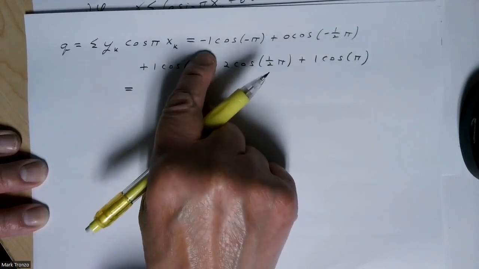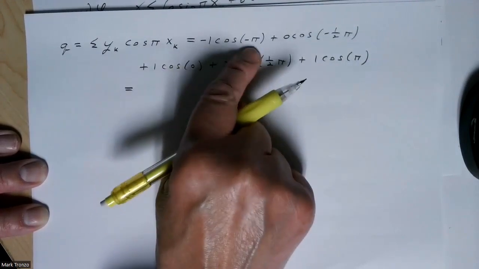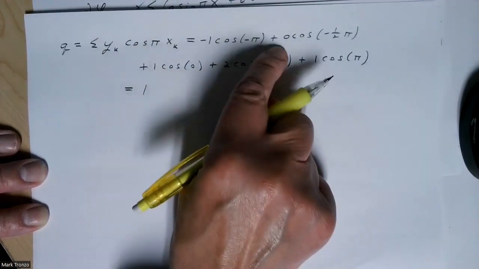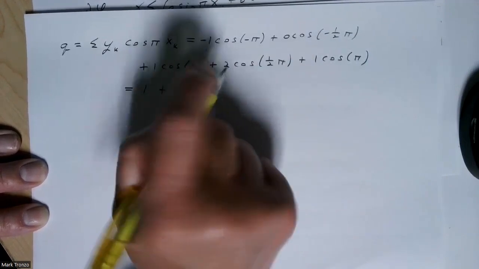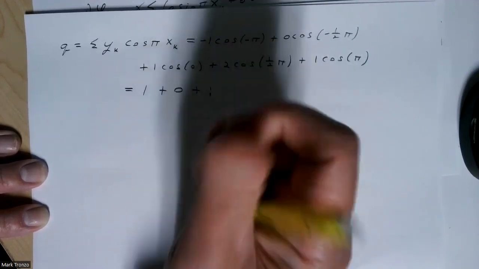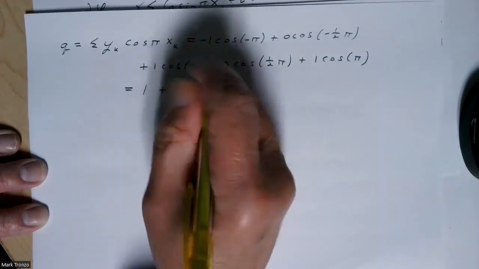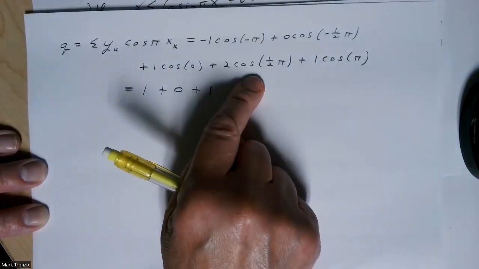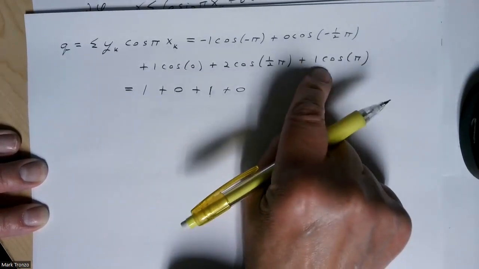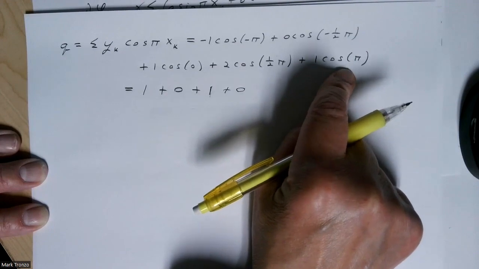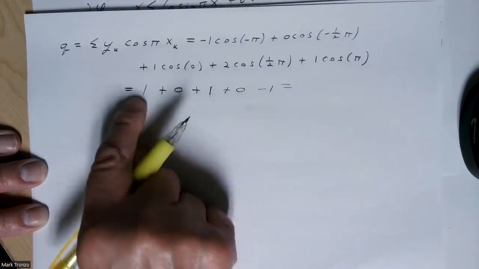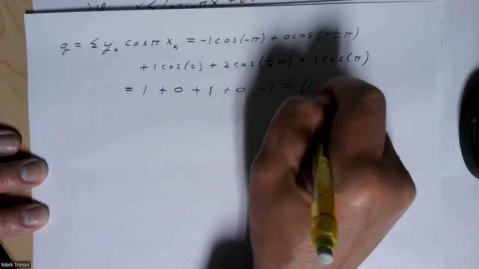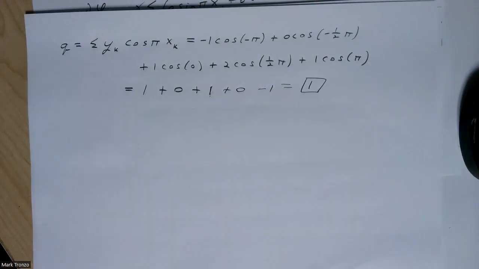And this is going to be -1 times -1, so it's going to be 1. That's 0. Cos of 0 is 1 times 1. That's going to be 1. And this is going to be 2 times 0, which is 0. This will be -1 times -1, which is -1. So it's going to be 1 plus 1 minus 1. Looks like that's all going to be equal to 1.